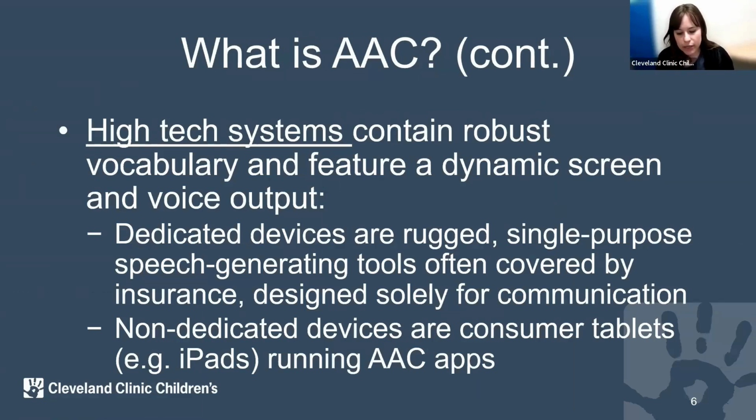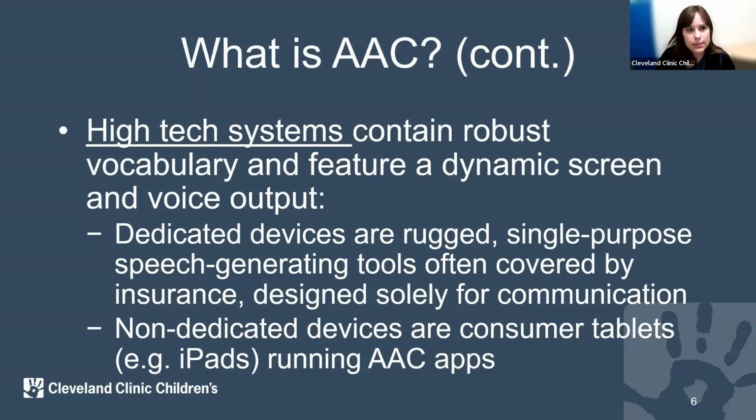And a dynamic screen is something that can change based on what the user selects previously, or like a layered navigation. So for example, if I were to click a button that says eat, it would open up a new page with all food-based vocabulary. It also reads the messages aloud when it is selected.